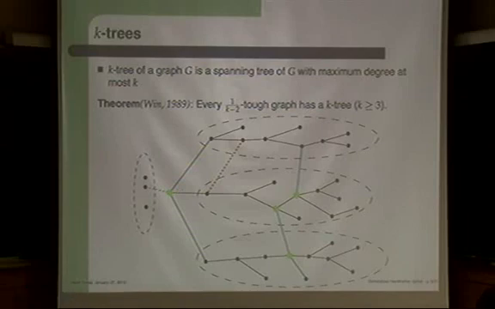Now remove this vertex from the tree, and you get 3 components of the tree. But in the original graph G, there are some edges joining these components of the tree.